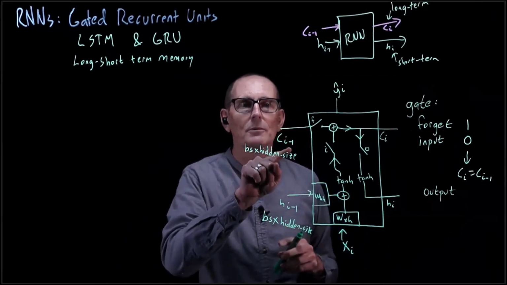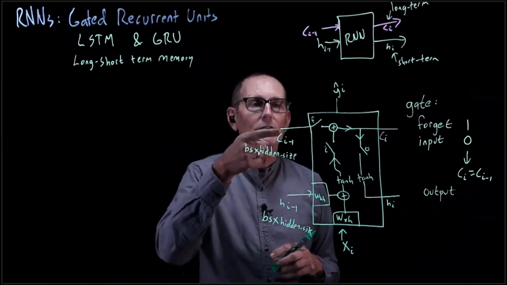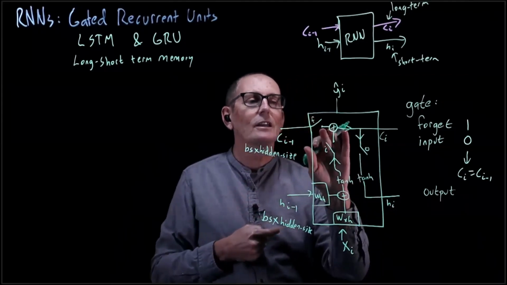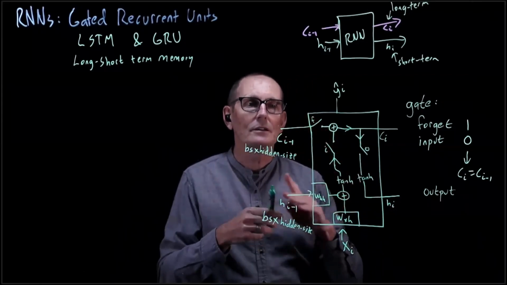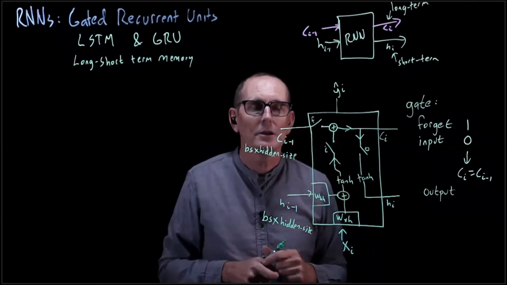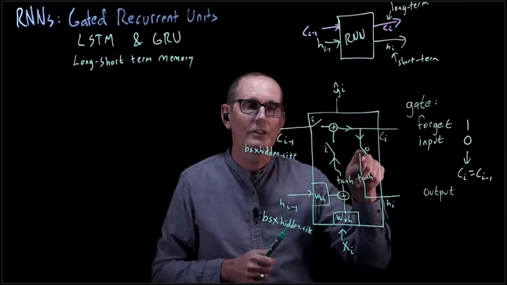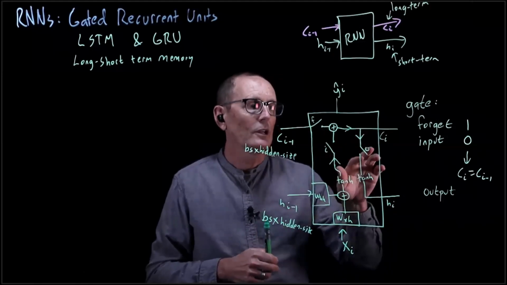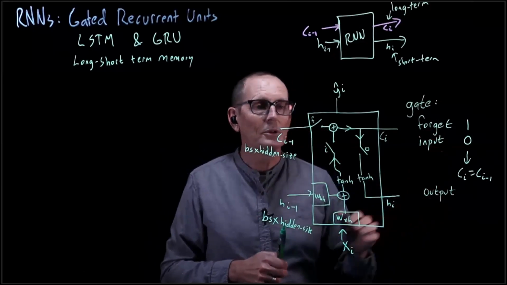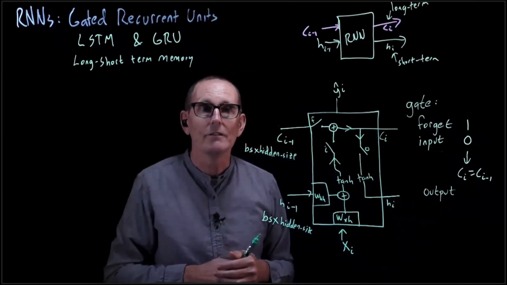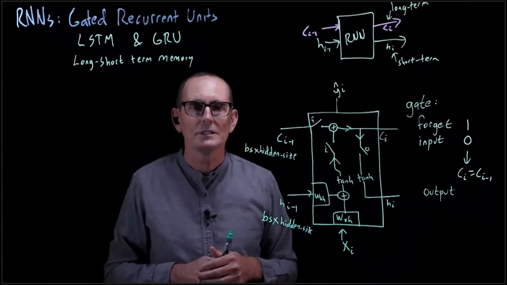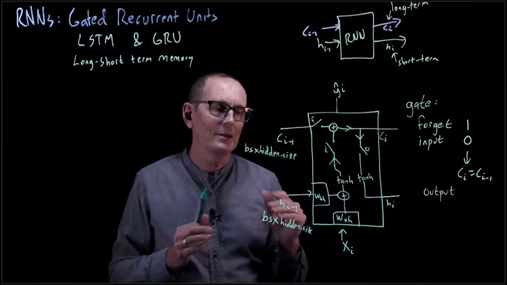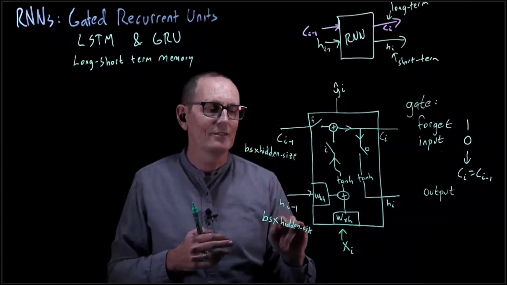You have 3 things you're remembering in C. One of them may go straight through, so the input gate may be open and the forget gate may be closed. A second one may be the converse, and a third one may have both of them closed. Same thing is true for the output gate, it can be different for all of them. I'm going to show you how you can compute the value of the forget, the input, and the output gate independently for each one of these values.